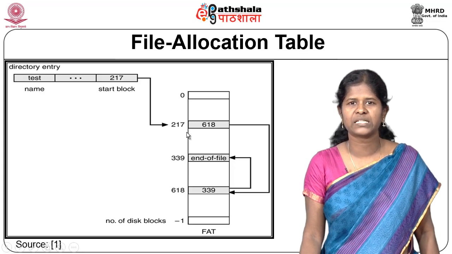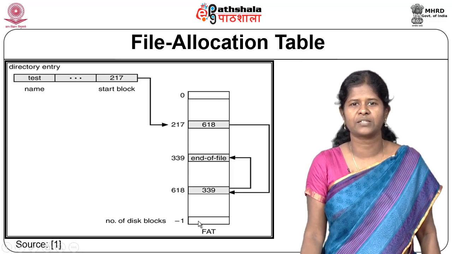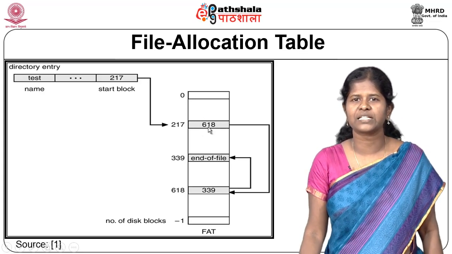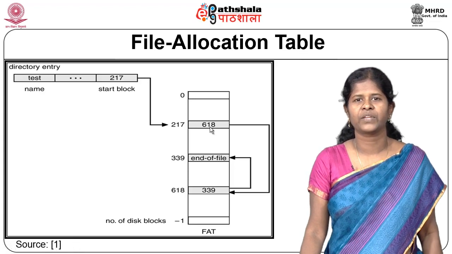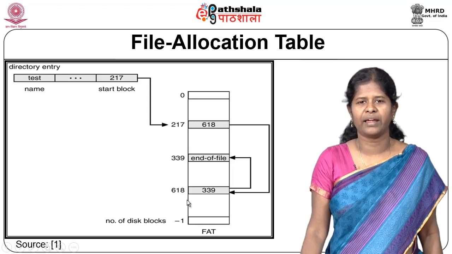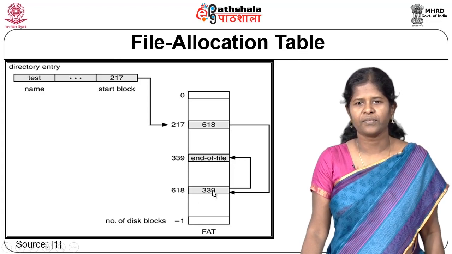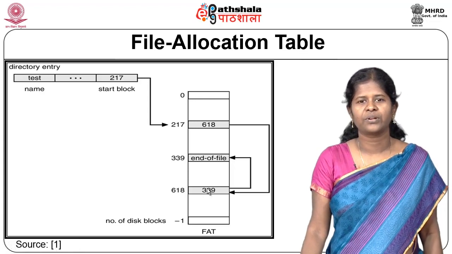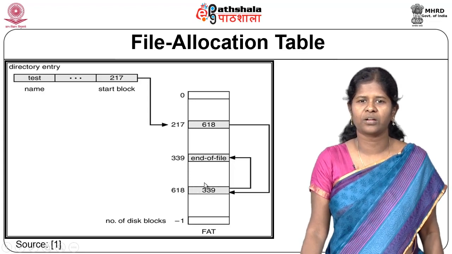To get the next disk block you have to look into this FAT. You look into the 217th entry and see that the next disk block is 618, so the next disk block number for that particular file is 618. Now, to find the third disk block of that file, look into the 618th entry in this FAT; you find that it is 339, so the next disk block is 339. To find the next disk block, look at the 339th entry.